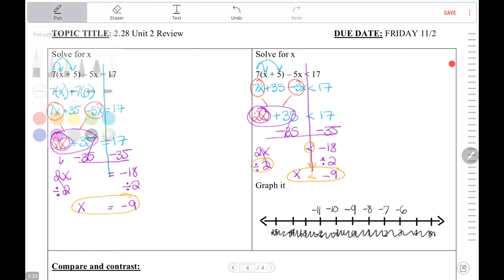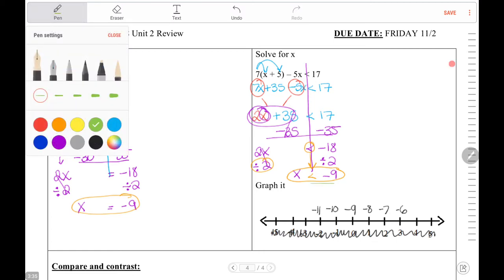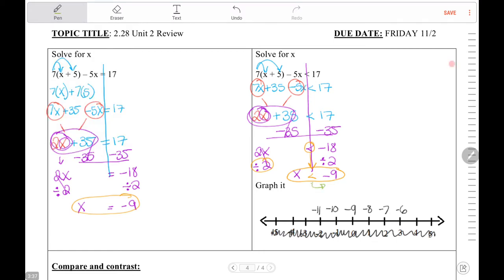Okay, so I have a symbol here. What does the symbol represent? That is a less than symbol. And it is open because it is not equal. And I'm going to shade to the left.